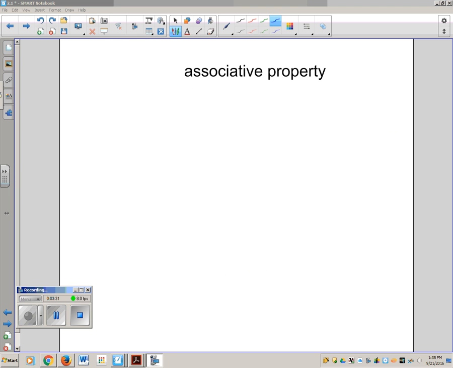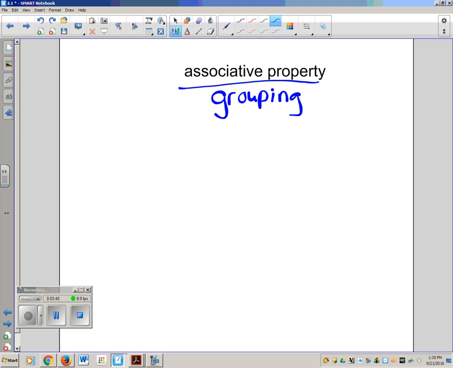Right? Associative property in your notebook. Associative property is grouping. So let's go, 2 times 3 times 4 is equal to 2 times 3 times 4.